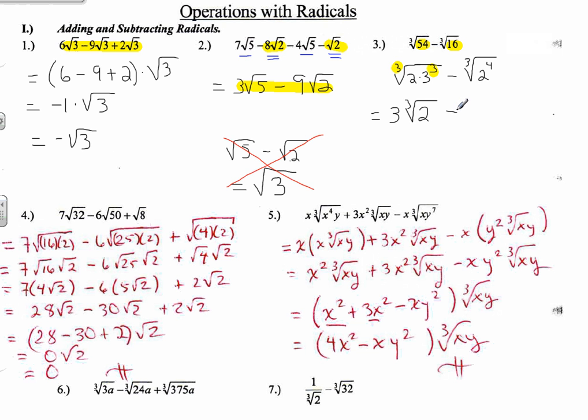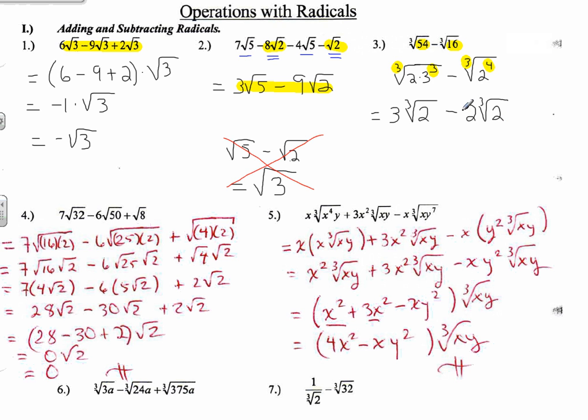Similarly, the next one, I use my shortcut for simplifying radicals. I divide the index 3 here into the exponent 4. Well, 3 goes into 4 one time, so that means that brings out one factor of 2, and the remainder is 1, so that leaves one factor of 2 underneath the radical.